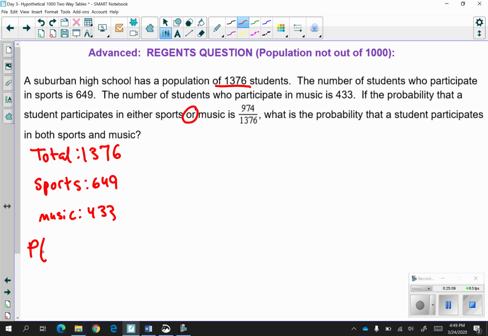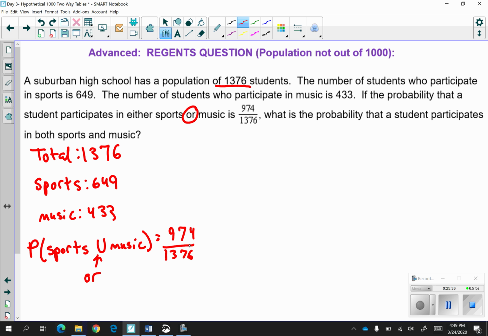So we have the probability, P for probability, of sports or music. Remember, this represents or, the union, is equal to 974 out of 1,376.